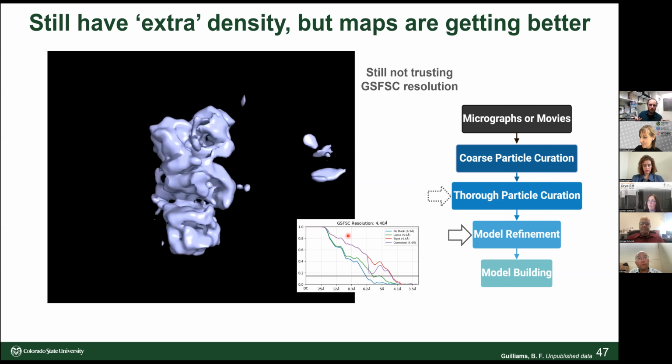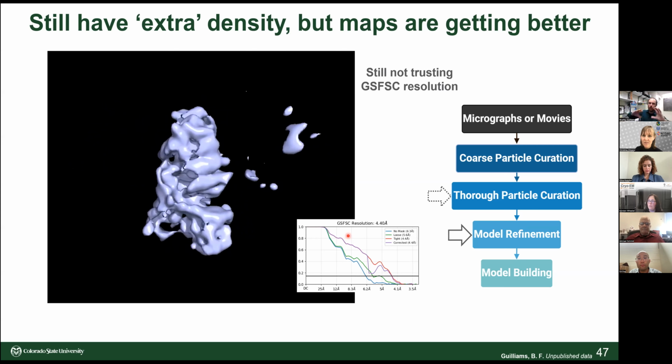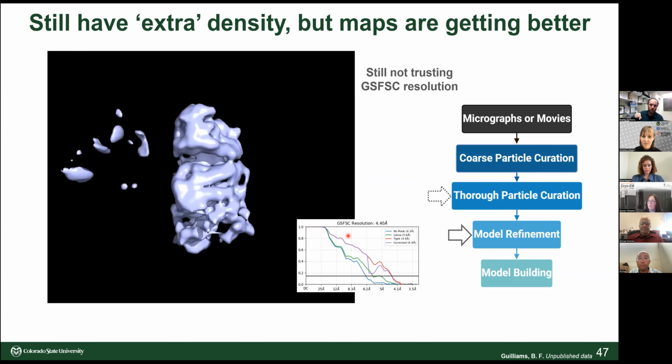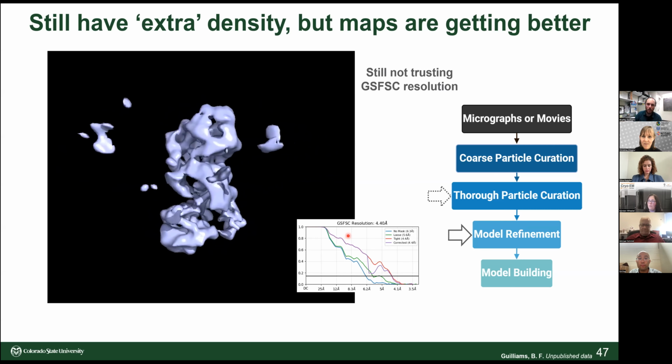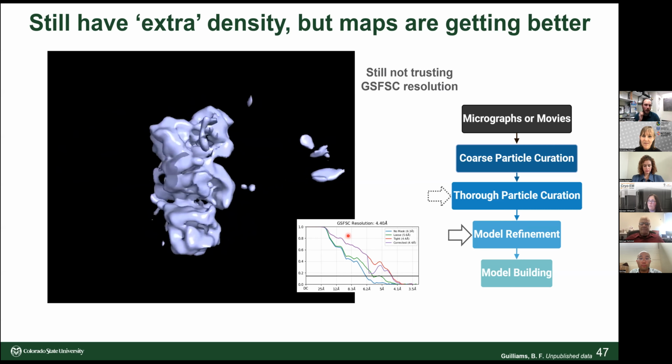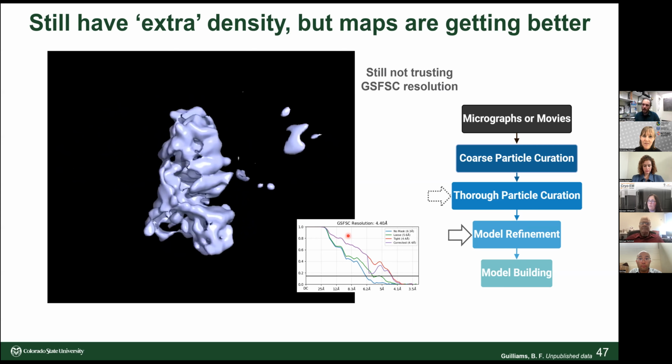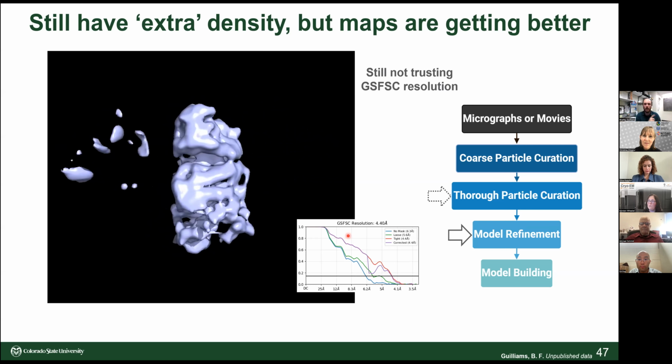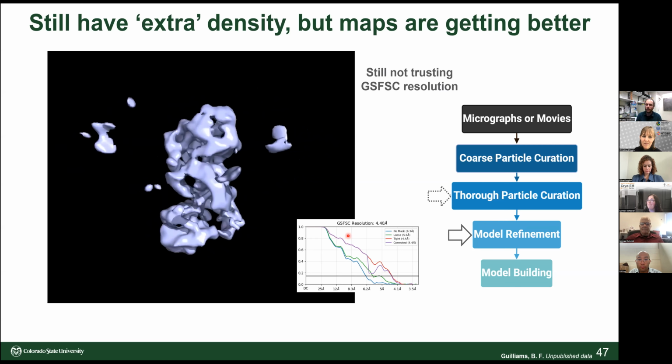So that's distinguishable. Looking at this side-on view, that is a circle that's like 40 angstroms or less. It's quite small. So I think I'm trying to recover some of that information.